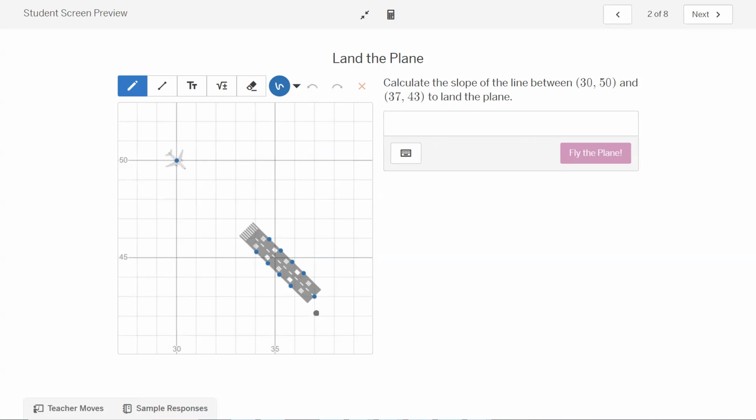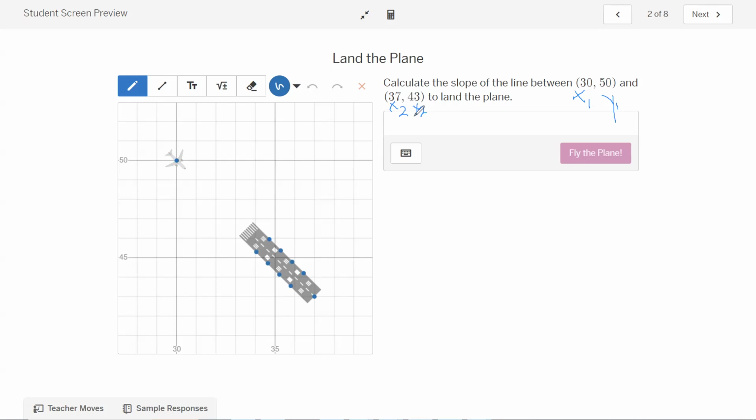We can't see that one as easily, but 37, 43. So again, I am going to label my 30 here as my x1. My 50 is my y1. My 37 is my x2 because that's my second point. 43 is my y2 because that is my second point.